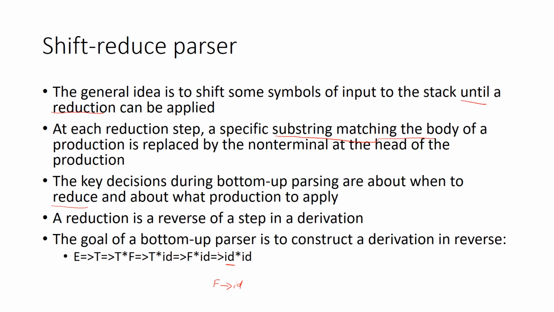So this substring ID is replaced with F. Similarly, T derives F, so this F is replaced with T. And we know that F derives ID, so this ID is reduced to F. We know that T derives T asterisk F, so this has been reduced to T, and then E derives T, so this T has been reduced to E. This is how bottom-up parsing, or the shift reduce parser, works.